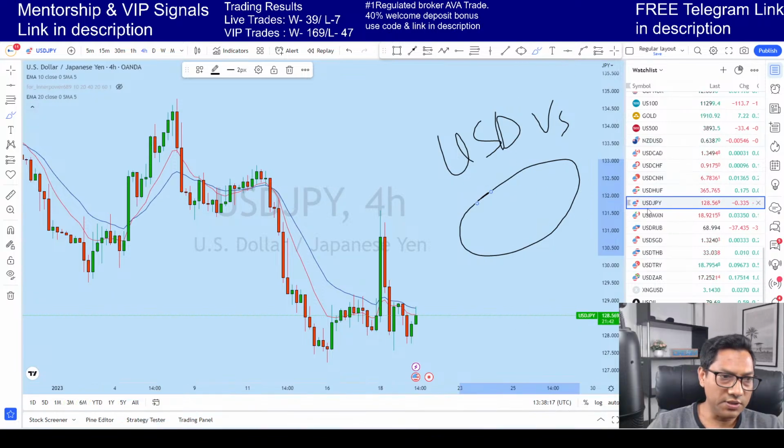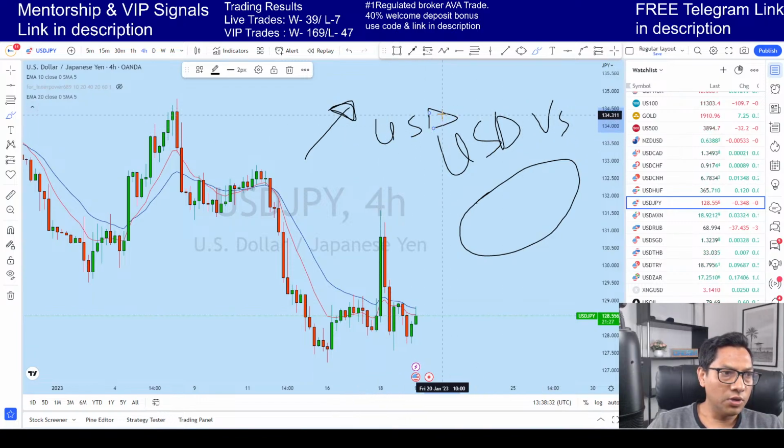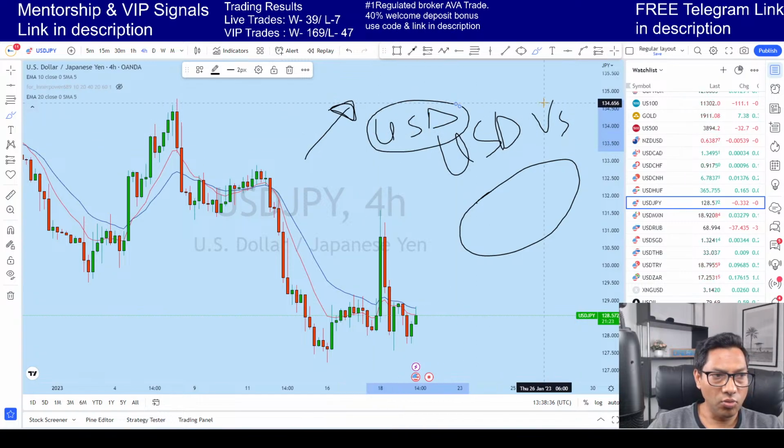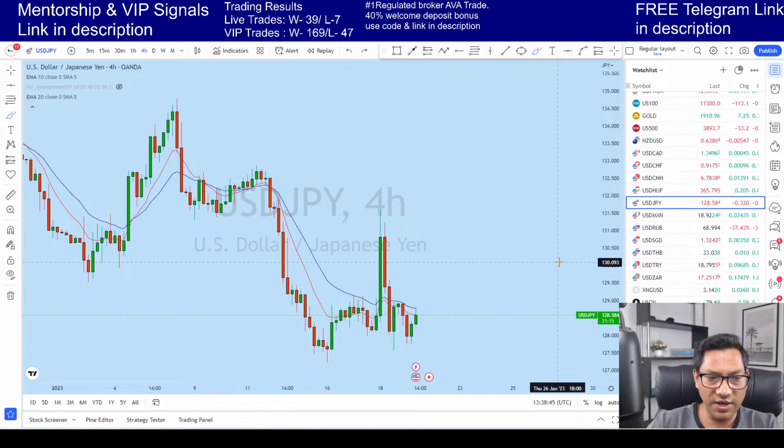What do I mean by this? For example, gold is going up. Gold going up means USD is weaker, right? So when USD is weaker, everything will be stronger. Very simple. Simplest way to understand it. Because in fact, everything is traded with USD.